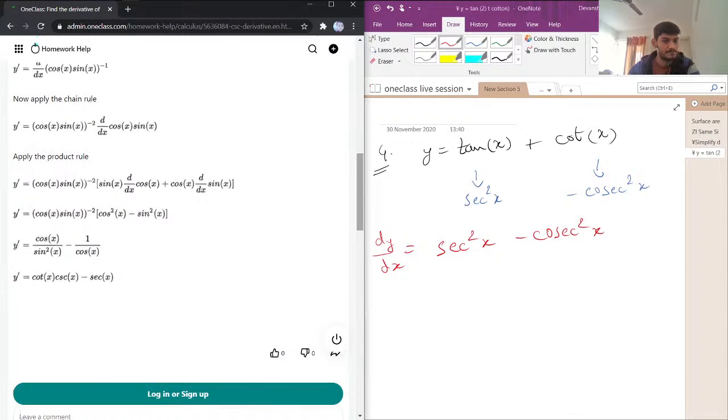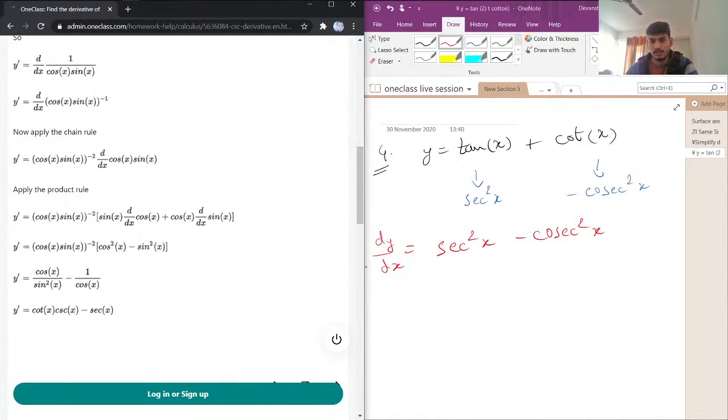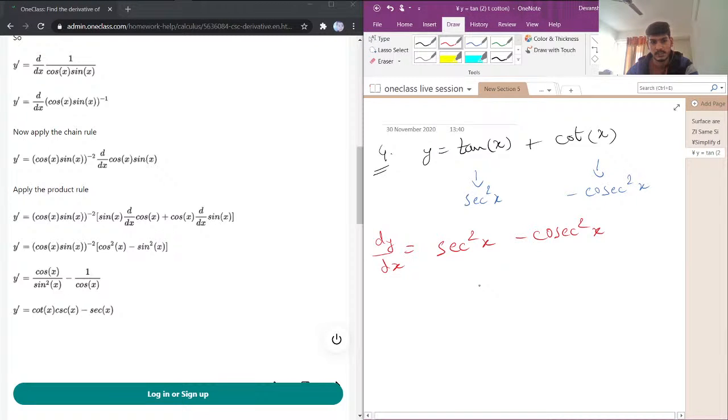So secant square x and cosecant square x will be 1 over cosine square x minus 1 over sine square x. When we take the LCM, we get sine square x minus cosine square x over cosine square x into sine square x.